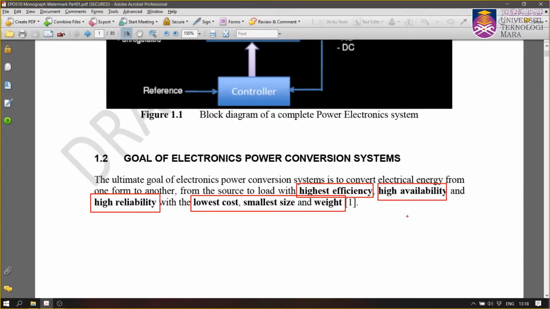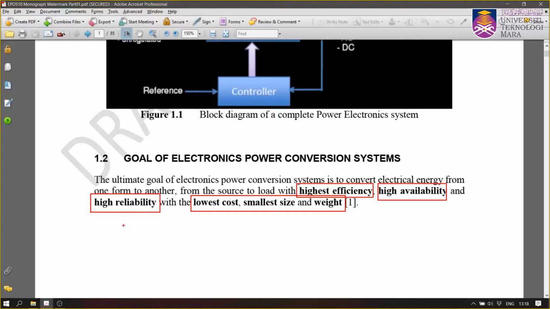If you use components which are not available in the market, it is a waste of time for you to get them. So the availability of the components also needs to be considered, as well as the reliability, which means you want to make sure that your system and circuits work as long as possible, isn't it?